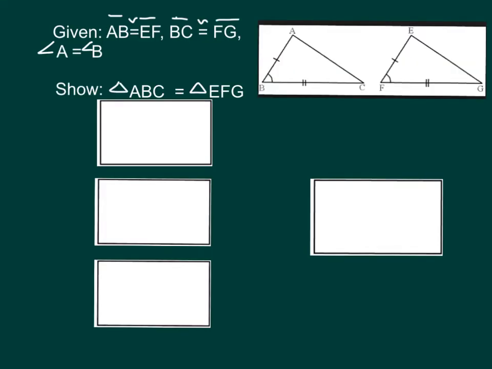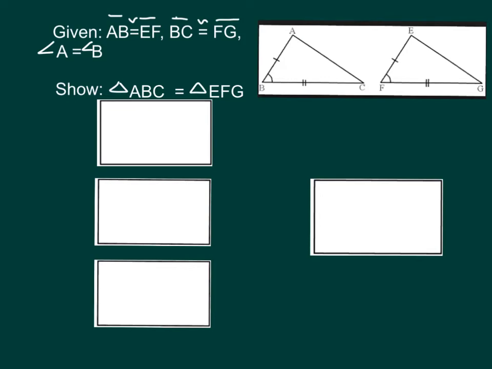Here we have two triangles, triangle ABC and triangle EFG. What's given to us is up here. We can see that AB and EF are congruent, BC and FG are congruent, and also angle A is congruent to angle B. So one thing that I like to do when I'm doing these flowchart proofs is I always mark the diagram so I know what I'm looking at.